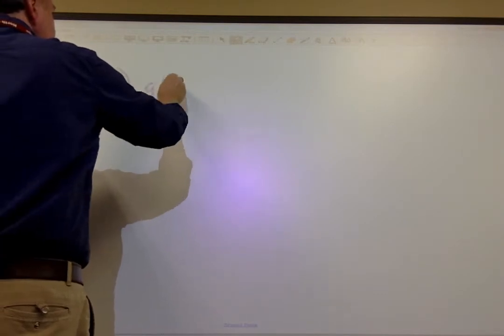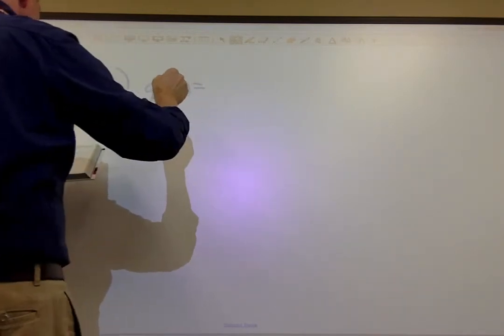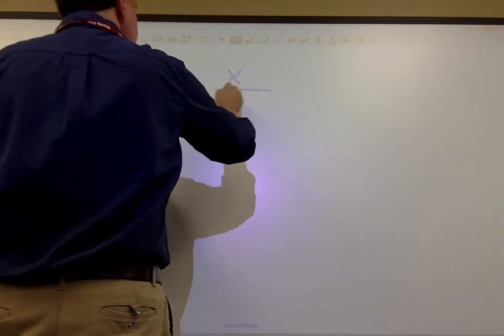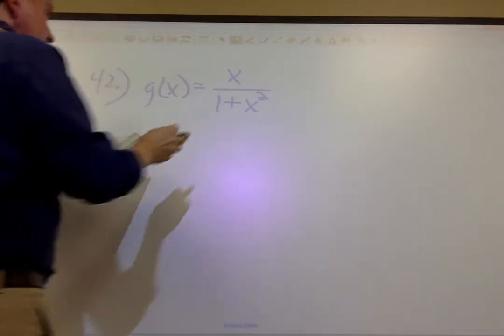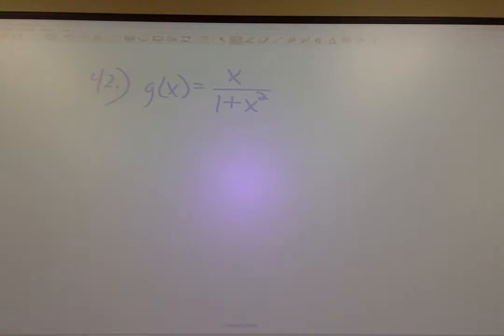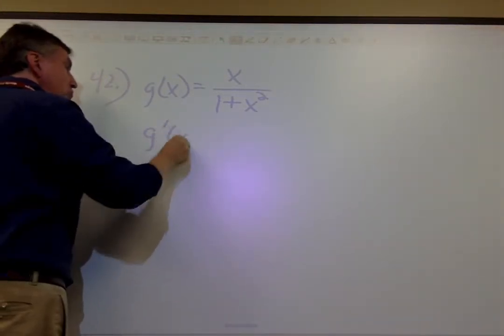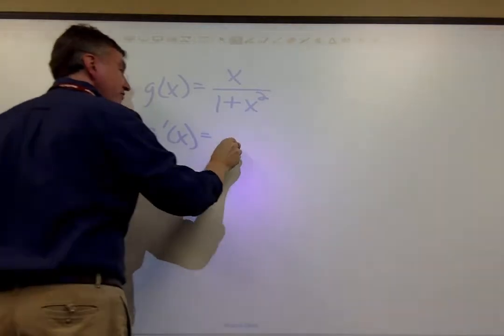G of x is x over 1 plus x squared. What do I have to do for my first derivative? Quotient rule. Everyone's favorite, right?